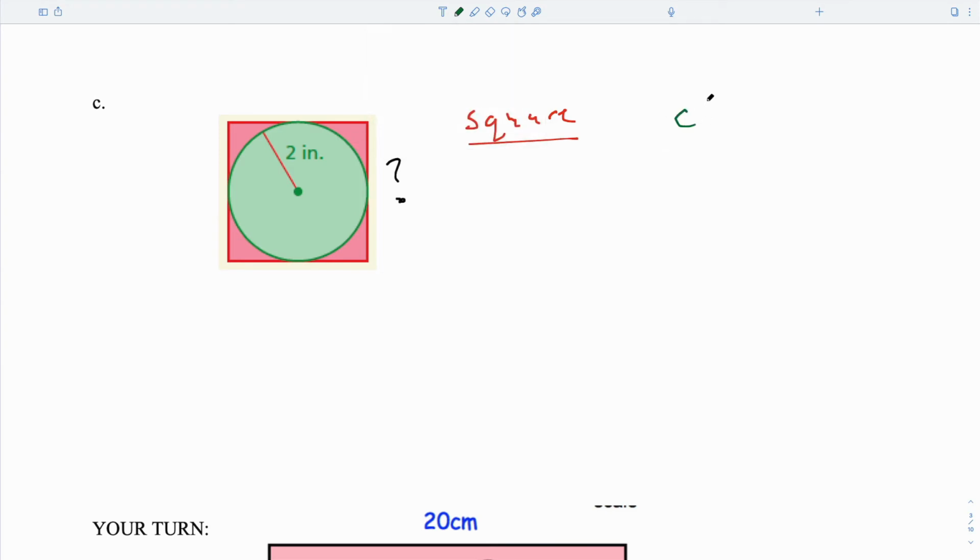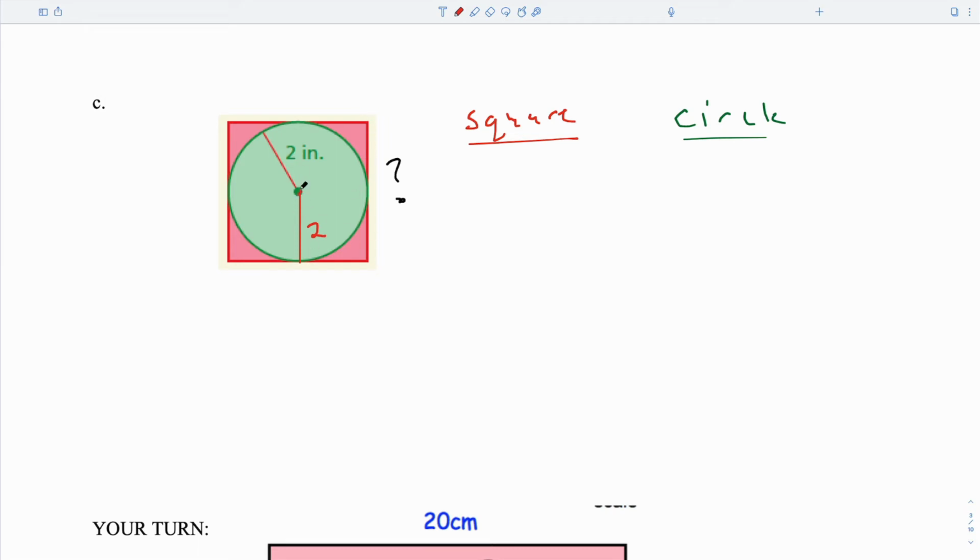Track the board, this is really important. Because I know the radius is 2, if I drew the radius like this and put 2 right here, does that kind of look like half of this side of the square? Yeah, this is half of it.